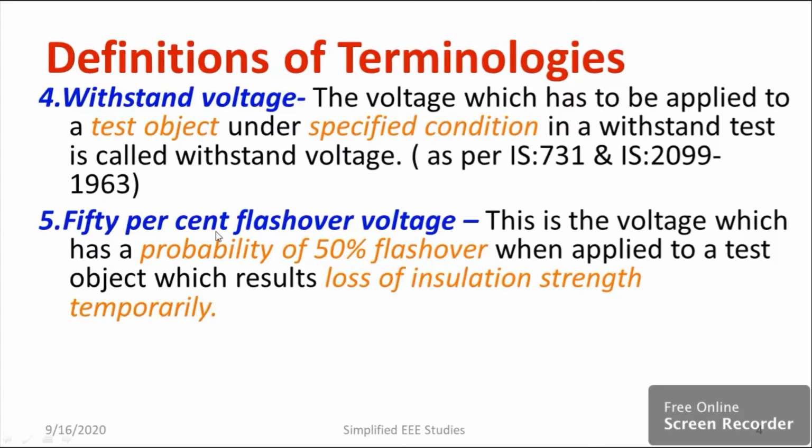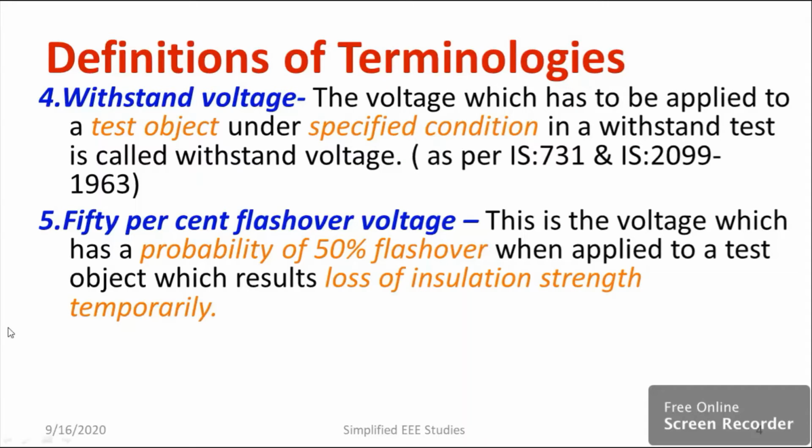What do we mean by 50% flashover voltage? I already introduced what a flashover or flashover voltage is. The flashover is applicable for liquid and gaseous dielectric material. This is the voltage which has a probability of 50% flashover when applied to a test object, that results in a temporary loss of insulation. Why? Because this is applicable for liquid and gaseous dielectric material.